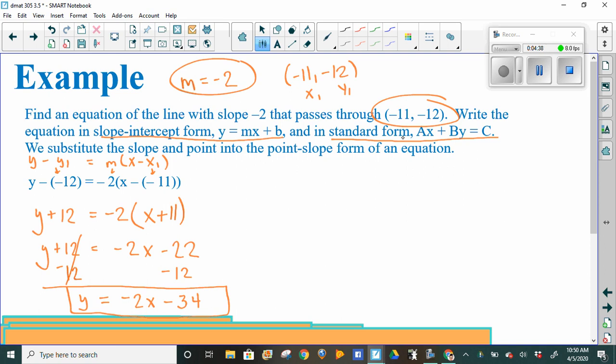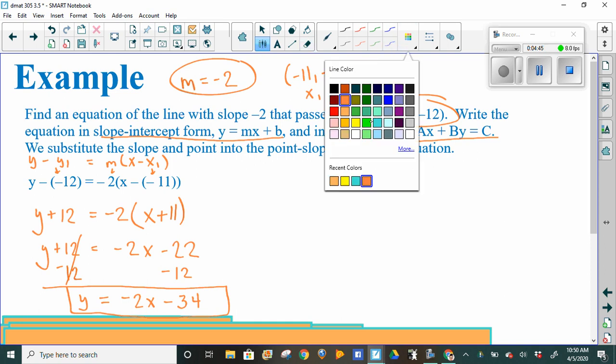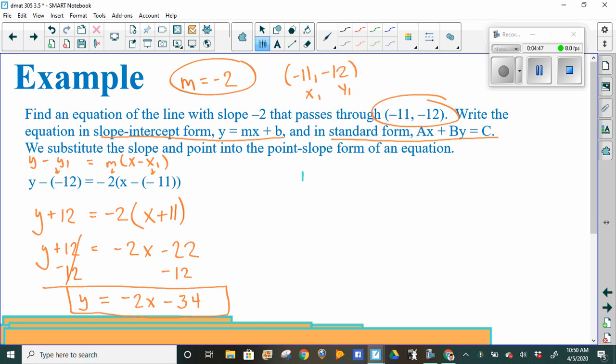Now they want me to convert it to standard form. So now I'm going to take my slope-intercept form, and let's do it in a different color. So y equals -2x minus 34. Now I'm going to make it where the x and the y are on the same side, so I'm going to add 2x over here.